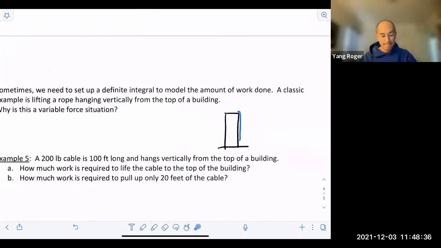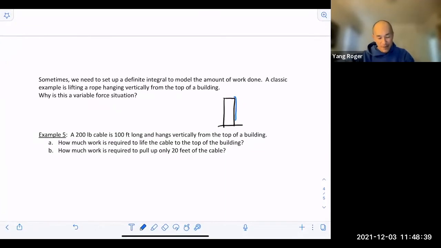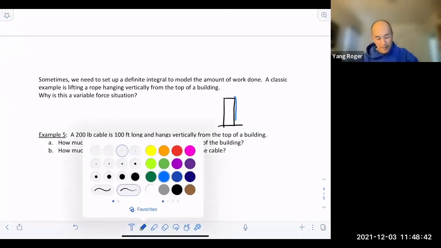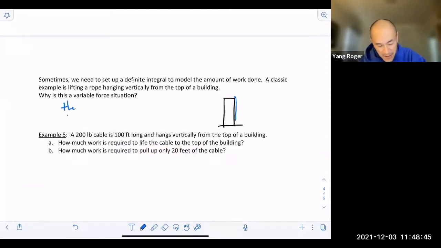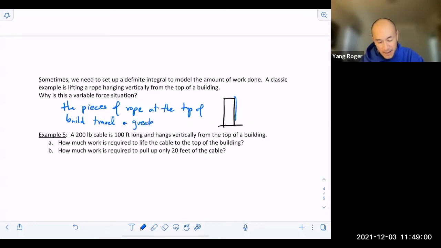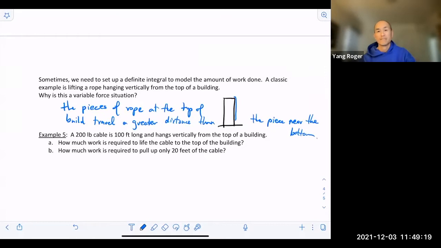So I would say that this is a variable force situation because the pieces of rope at the top of the building travel a greater distance than the piece near the bottom. Does that make sense?